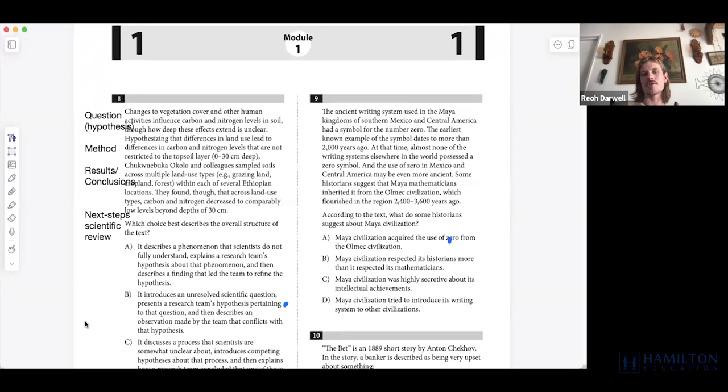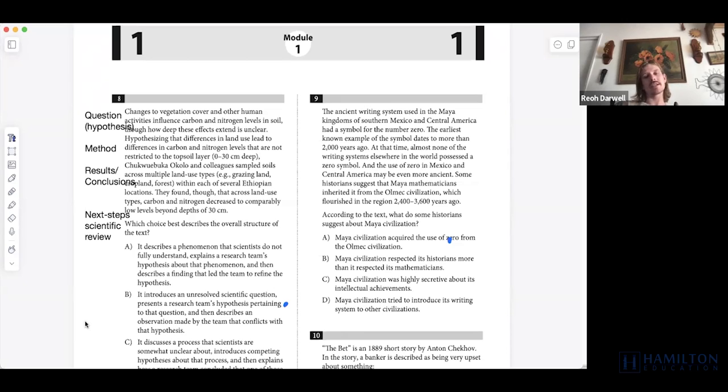So what's our question? Human activities, which include changing vegetation cover, influence carbon and nitrogen levels in soil, though how deep these effects extend is unclear. Here deep is not being used in a literary way; it is being used literally, meaning how deep into the ground.